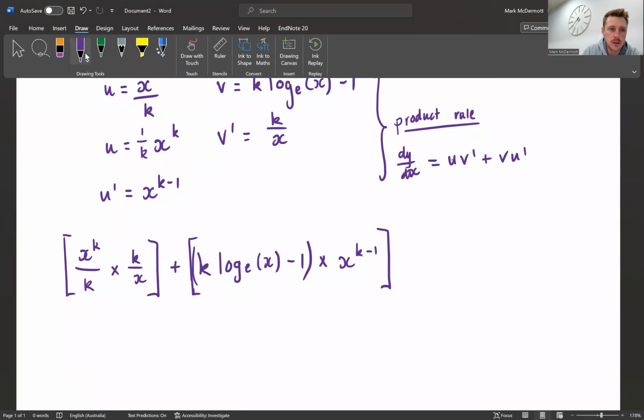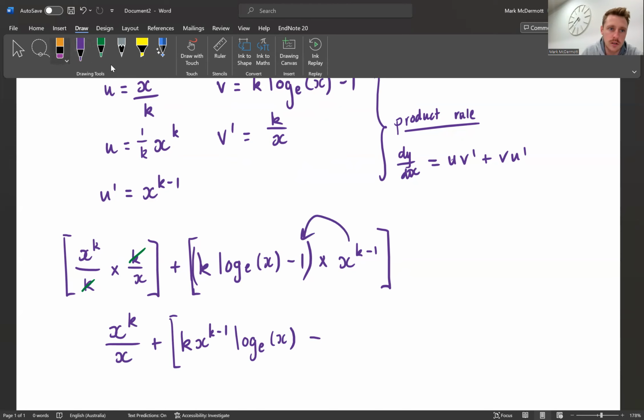Okay, and then we've got this thing here. We can see straight away, hopefully, that the k's will cancel out. So we should get x to the k on x plus, all right, we've got to deal with all this stuff inside here. If we were to expand this out, we would get k x to the k minus 1 times log base e of x, minus, and then we multiply this into this negative 1 as well.